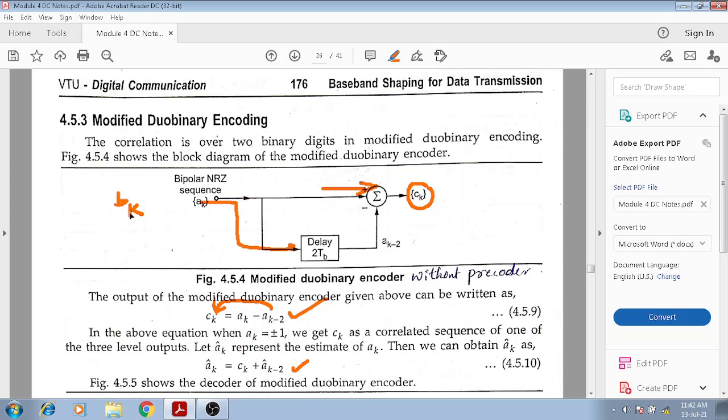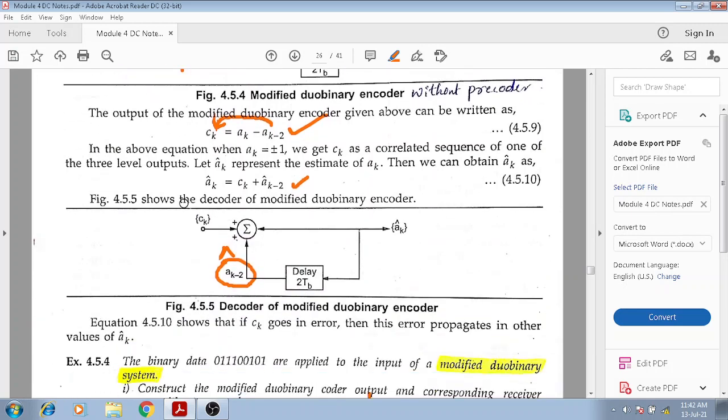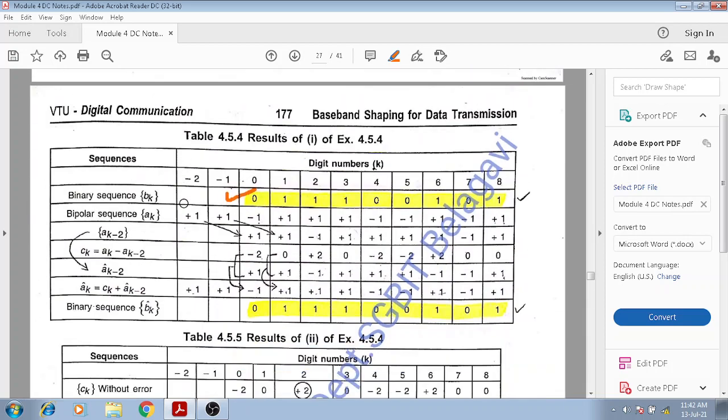These ones and zeros you have to convert into the 2-level sequence, that is +1 and -1. To do this, either you can use a bipolar NRZ converter or you can use a level shifter, right?